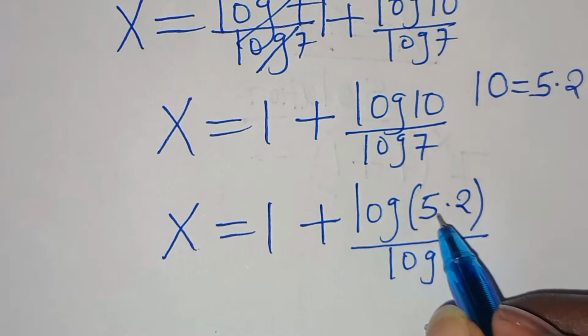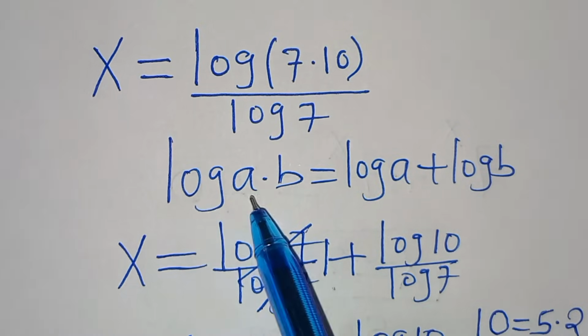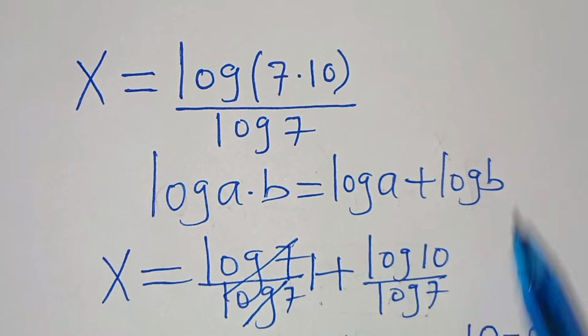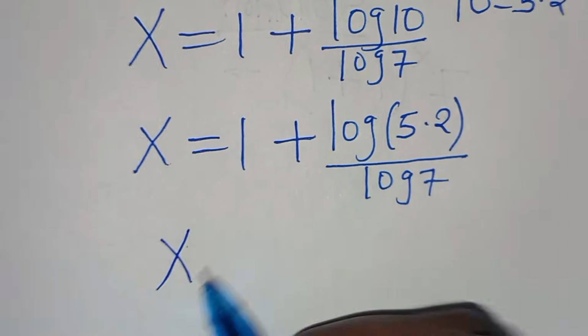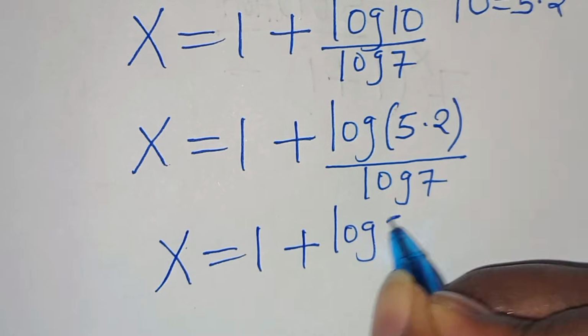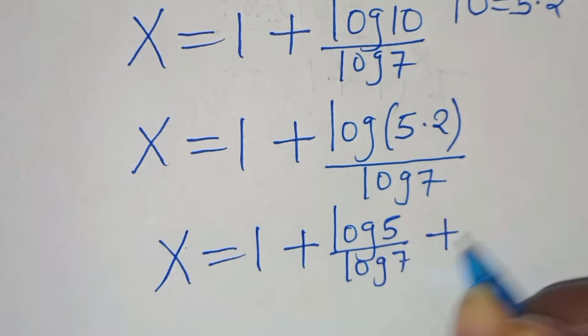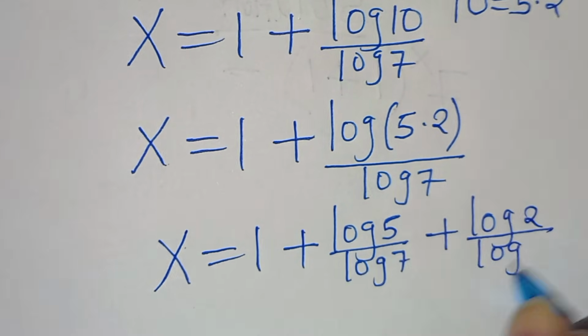Now, log 5 multiplied by 2, this is in the form of log a multiplied by b, which you can express as log a plus log b. Applying this property, now here we have x is equal to 1 plus, this is log 5 divided by log 7, then plus log 2 divided by log 7.